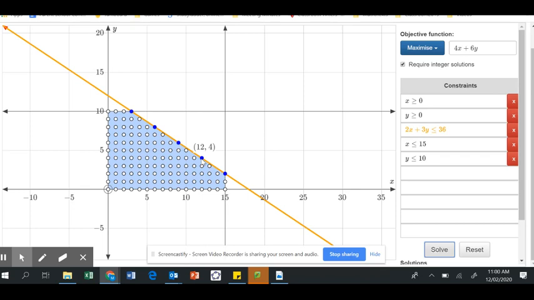Sometimes there might actually be an infinite number of solutions. If it was like mixing two chemicals together, how much of chemical A do you need and how much of chemical B? You could put 2.3 milliliters of chemical A in, couldn't you?